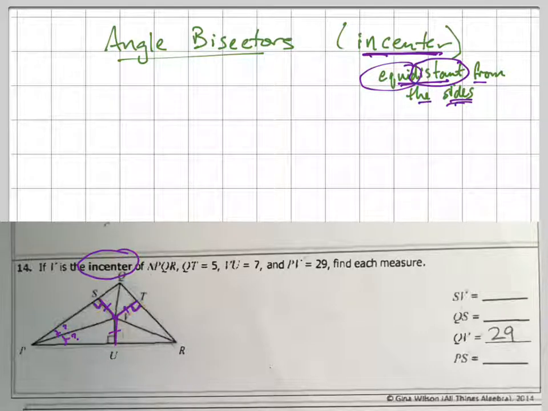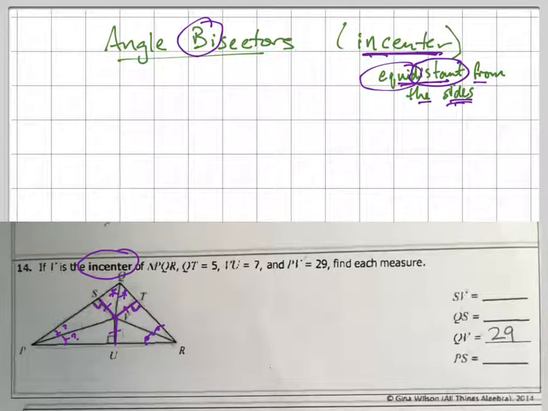Why do I know that? Because the definition of incenter is that it's made by angle bisectors. That's what I know. So this angle right here is equal to that angle right there, and this angle here is equal to that angle there. Got it?